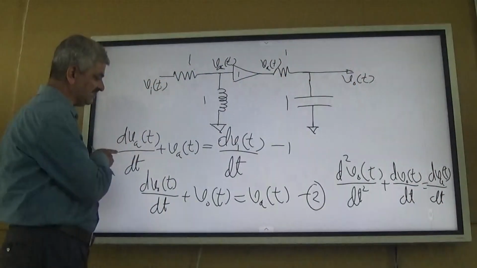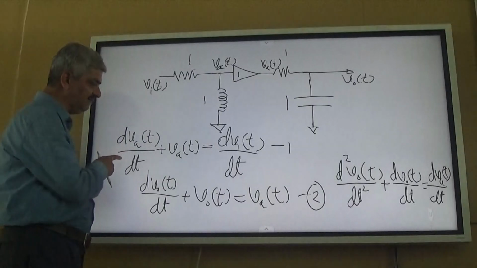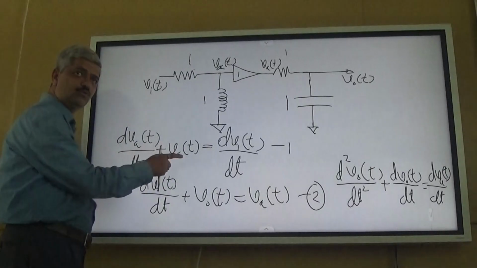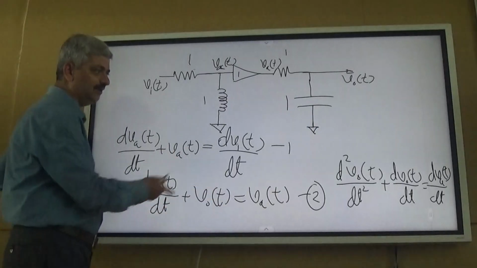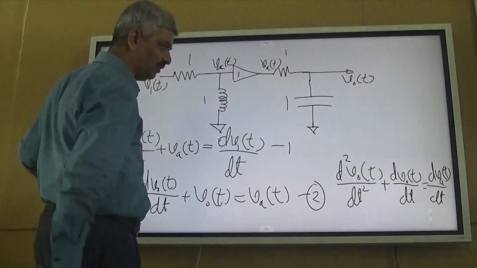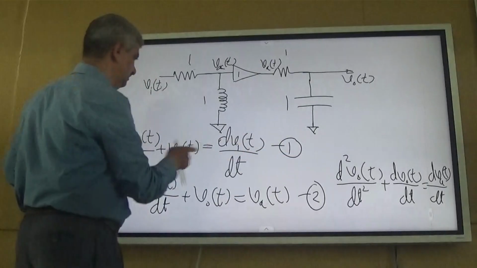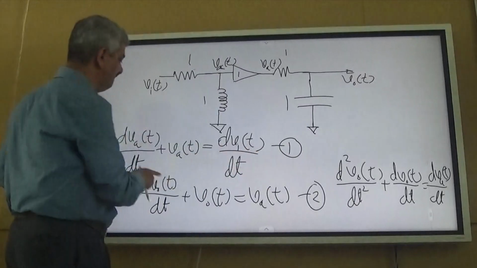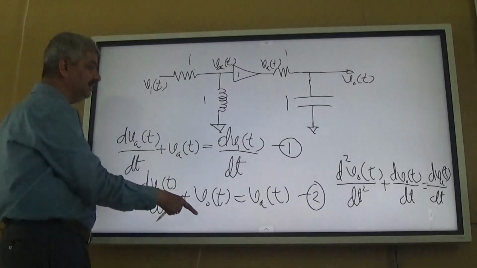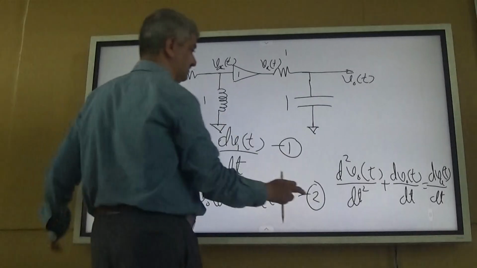In the first base equation we don't want dVA by dt, and we also don't want VA. For VA we have this expression, and for dVA we have this expression. So we get d2VO(t) by dt square plus dVO(t) by dt plus dVO(t) by dt plus VO(t) is equal to dV in t by dt. That is the final expression.